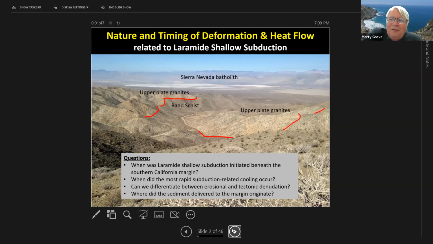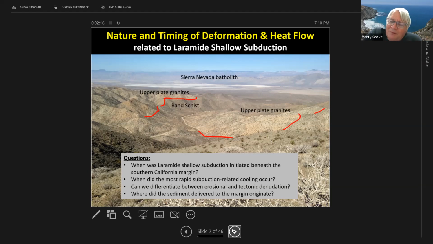In terms of the rates of the process, when did the most rapid subduction, related to underflow of cold oceanic crust, occur? We want to be able to see if we can differentiate, in terms of the overlying rocks, the magmatic arc, between erosional and tectonic denudation.